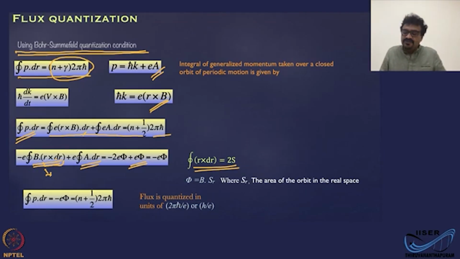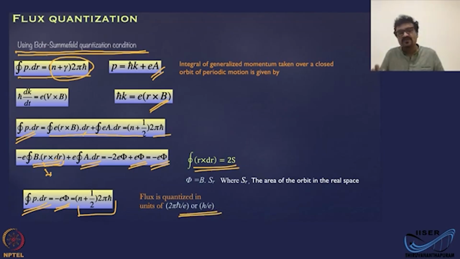So when you substitute all these, you have minus e into phi. That's P dot dr, that is minus e into phi, but that is given by this quantization condition. So from this, you can write that the flux enclosed, phi, is actually quantized in h by e.